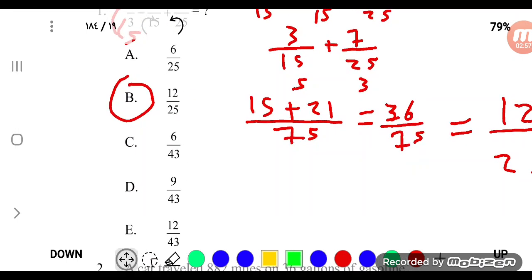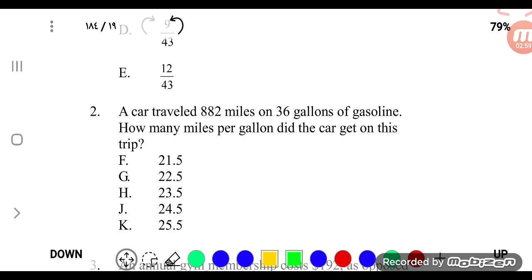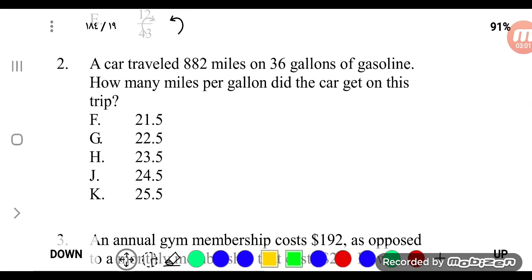Let's now move to the second question. A car traveled 882 miles on 36 gallons of gasoline. How many miles per gallon did the car get on the trip?